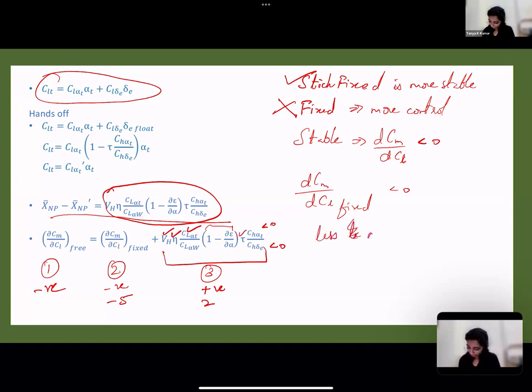So from your negative, you're adding some positive and making it less negative. So your stick free dCM by dCL is less negative than your stick fixed dCM by dCL. Hence, stick fixed case is more stable. Is that clear?